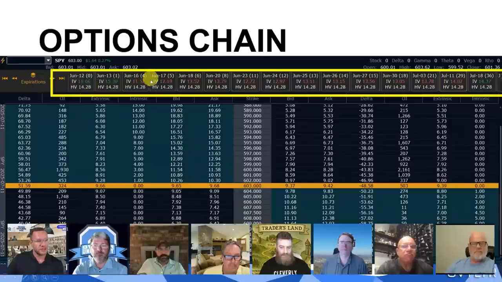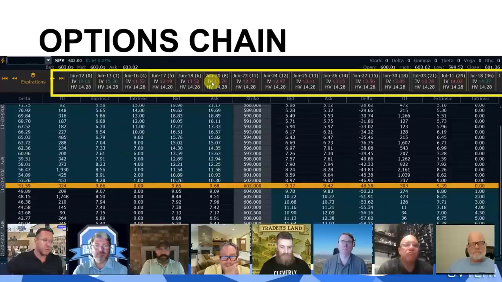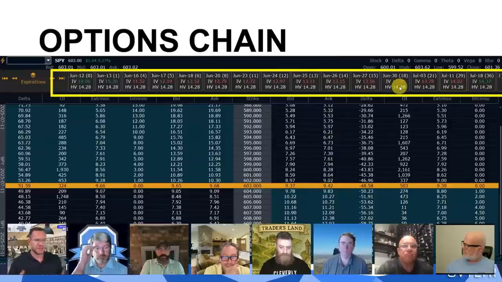What you see across the top here are the expirations, just like the coupon example, getting the double by July 1st. You could buy any one of these strike prices, by any one of these dates, right? Like SPY has options, if it's not every day, it's like 3 days a week.